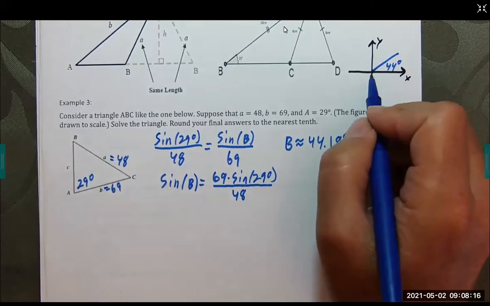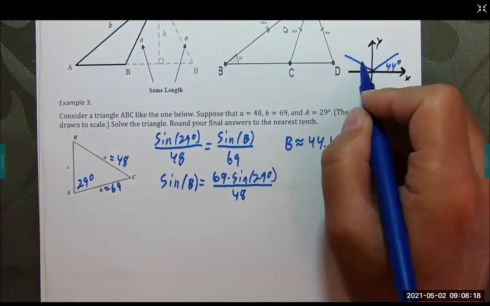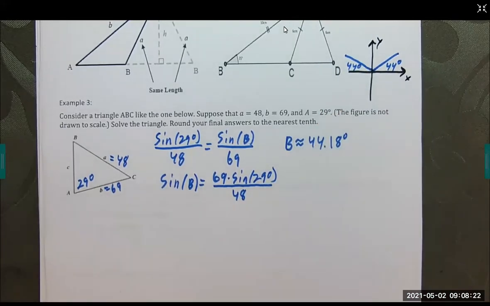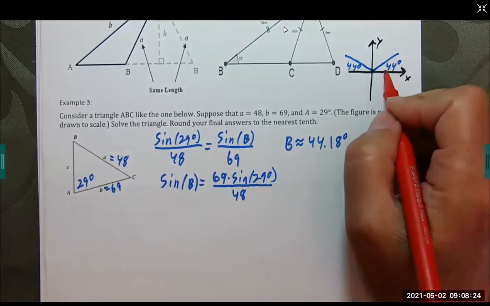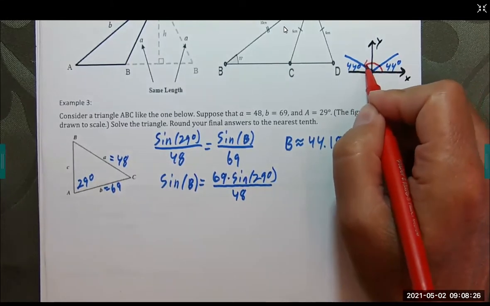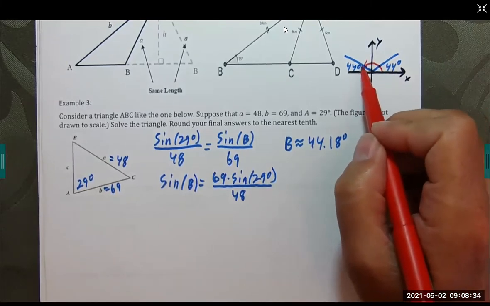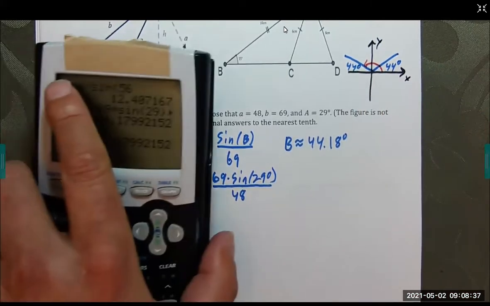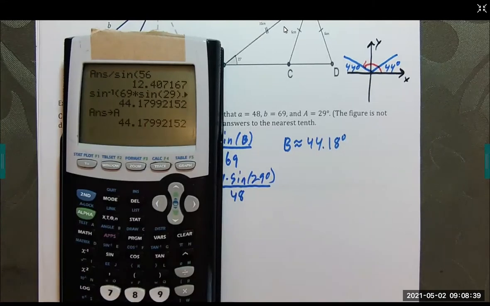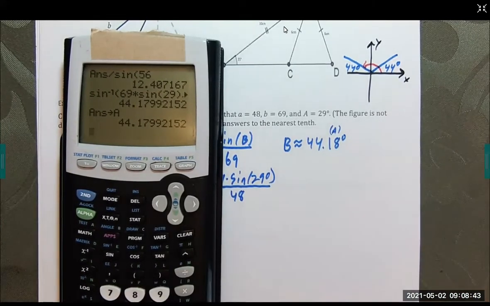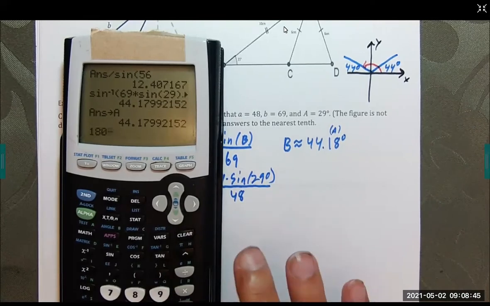There is another potential angle here, meaning this angle. And the way that I'm going to get that angle, the red angle, is I'm going to do 180 degrees minus the 44, put this on A. So I'm going to go 180 degrees minus angle A.